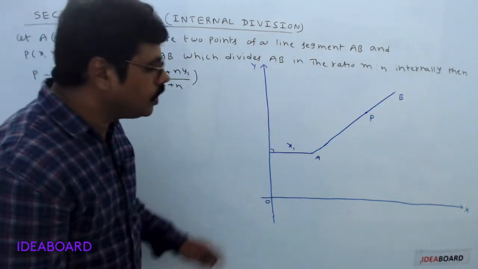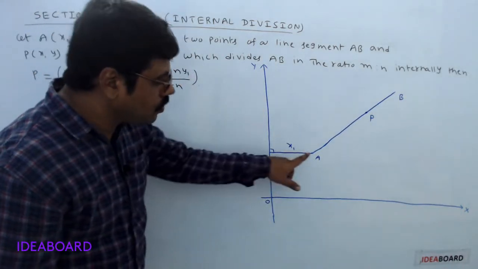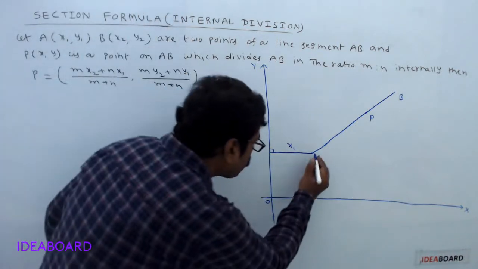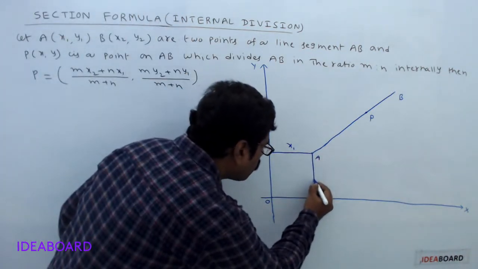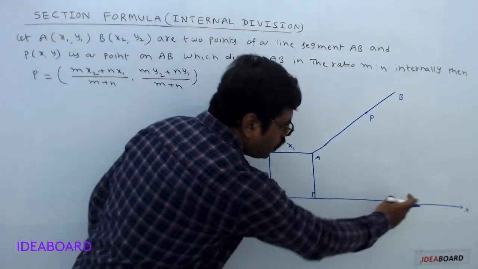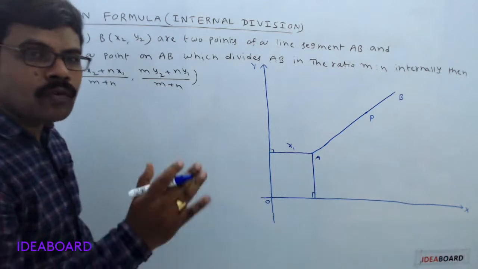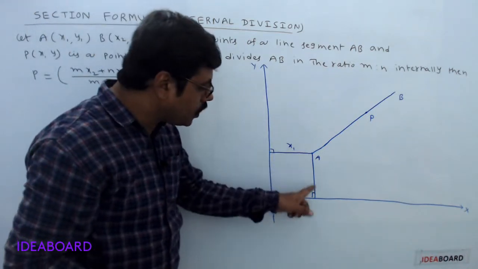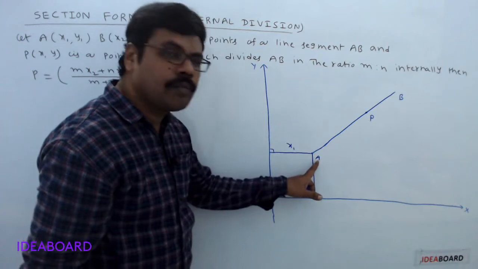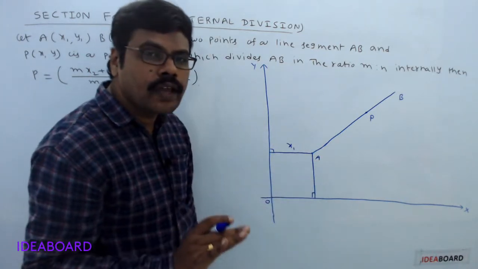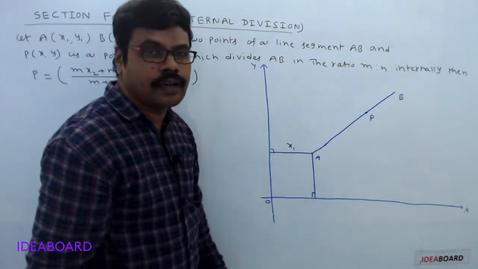Now, once again, draw a perpendicular from the point A onto the x-axis. What is the definition of y coordinate? The perpendicular distance from a given point to the x-axis is called the y coordinate of that point.